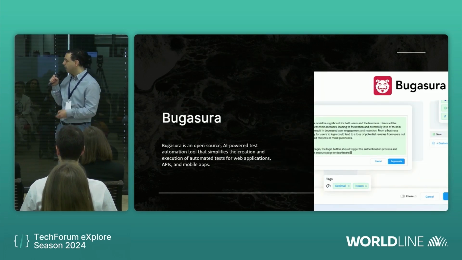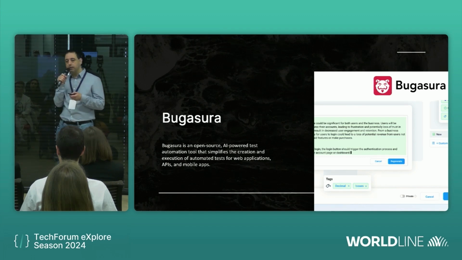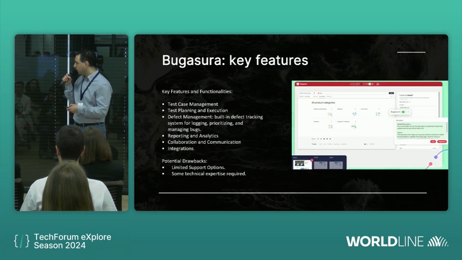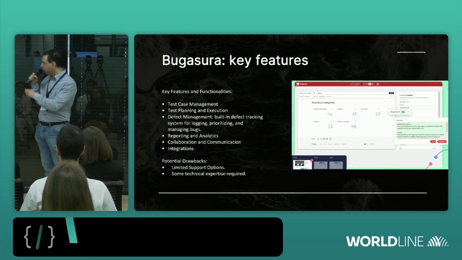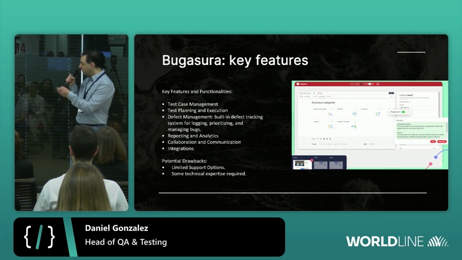Bug Assura, it's basically an issue tracker, like let's say Xray, but a bit more complex, right? With AI, you can analyze what you are putting into your description of the issue.